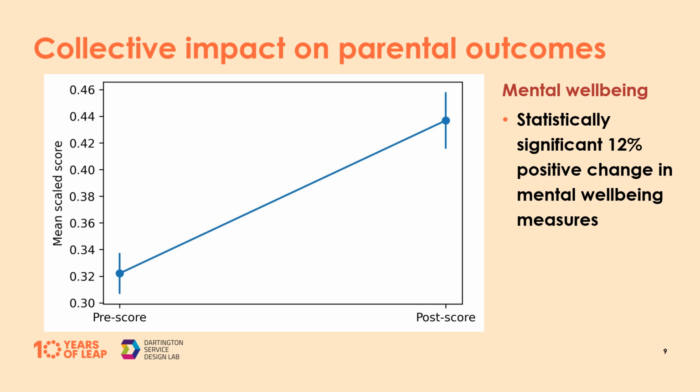The line is increasing upwards, which shows an improvement in mental well-being overall for parents. This change is roughly a 12% increase in mental well-being measures overall, and it is statistically significant, showing us that we've got a clear and good change.